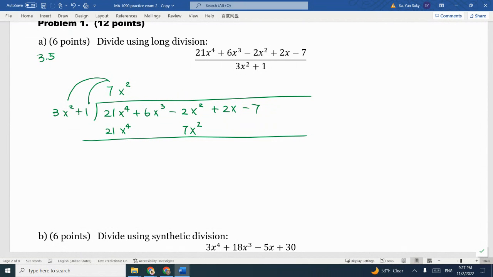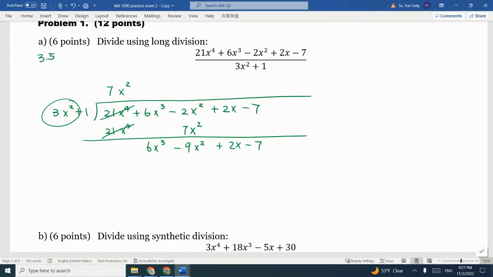Use the first line, subtract the second line. So this cancels. 6x cubed, right, stays here. Negative 2x squared minus 7 is negative 9x squared. And then the 2x and 7 stays here. Okay, we keep going.